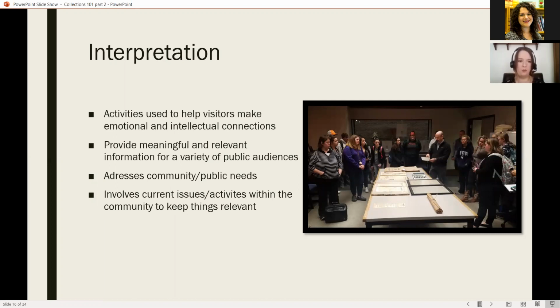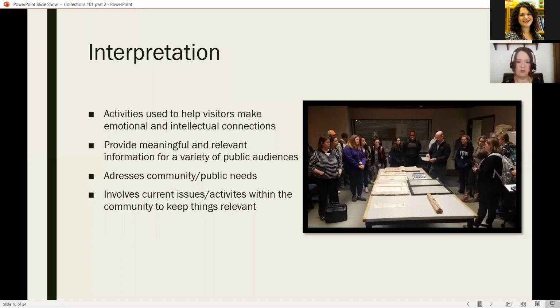You want people to interact with the collections in a meaningful way. You can plan activities and provide them relevant information. You want them to make a connection and get something out of the collections.